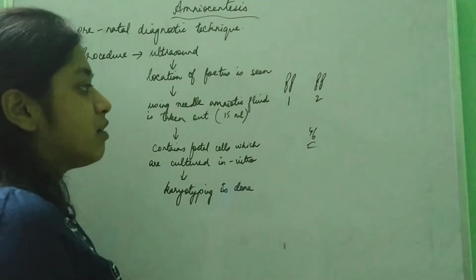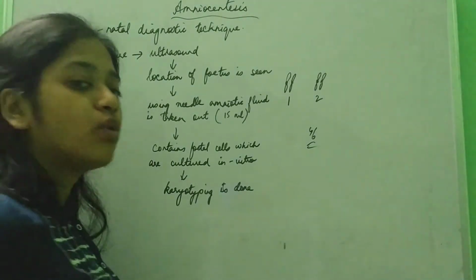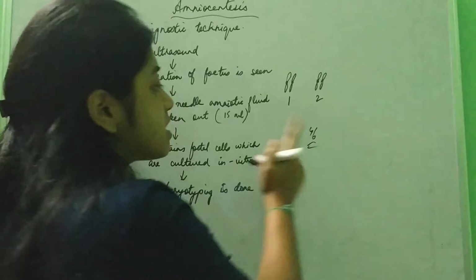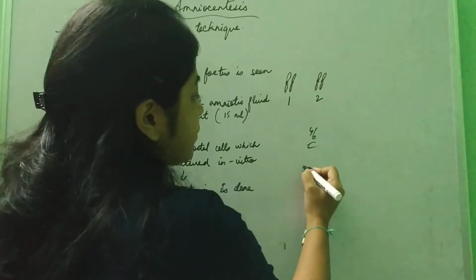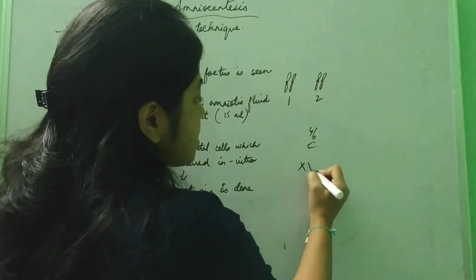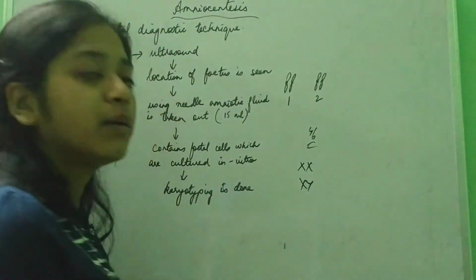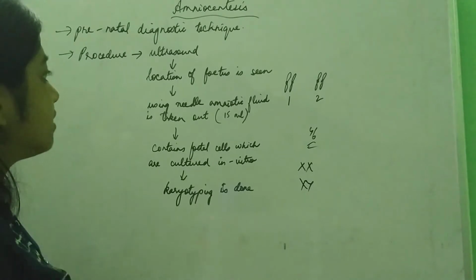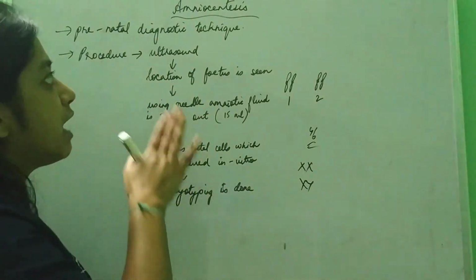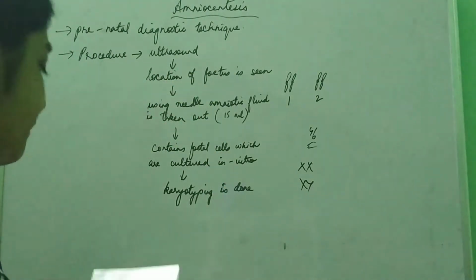And from there we get to know whether it is a boy or a girl, because if the chromosomes are XX, then it will be a girl, and if it is XY, then it will be a boy. So in this procedure, amniocentesis is done.